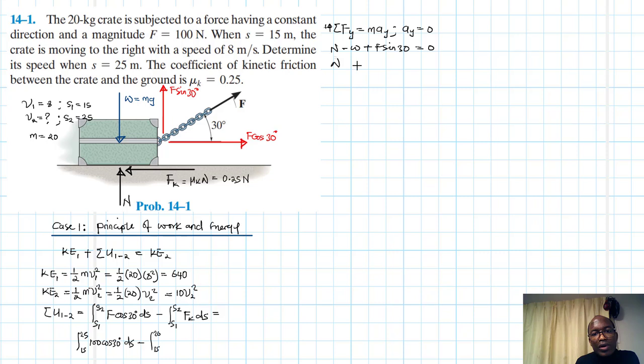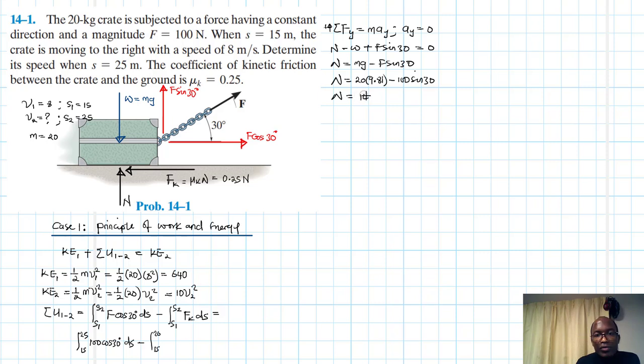Therefore, our N is equal to mg minus F sine 30, so N is 20 by 9.81 minus 100 sine 30.